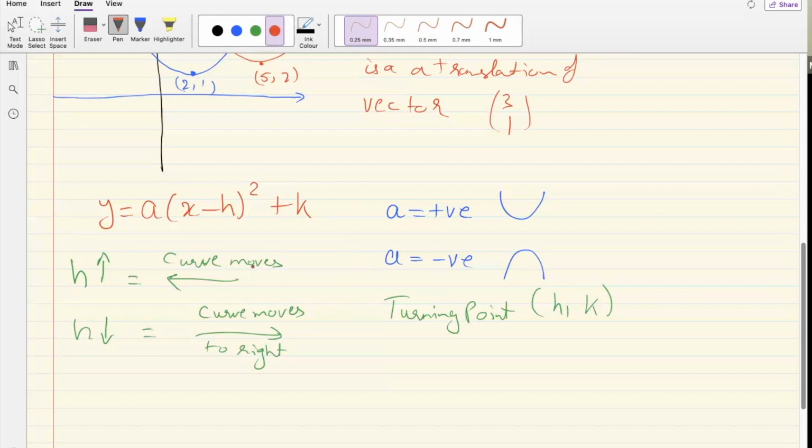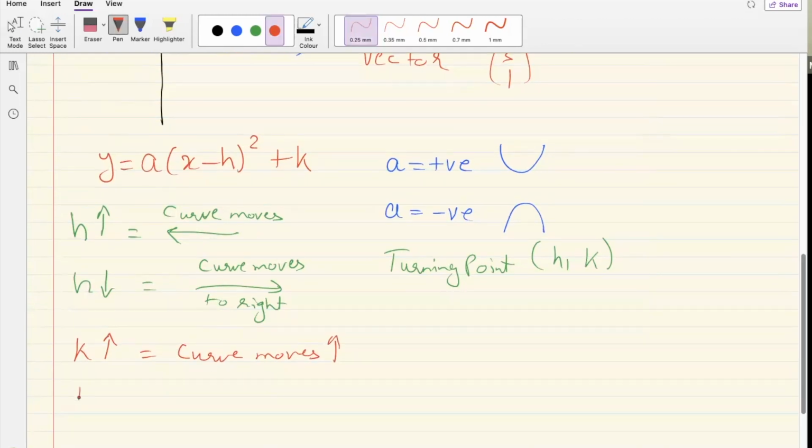First part of the discussion, memorize it a little. Second part, I'll clear the concept with examples. This is what happens to the curve when we adjust the value of h. For k, when the value of k increases, curve moves up. When the value of k decreases, curve moves down.